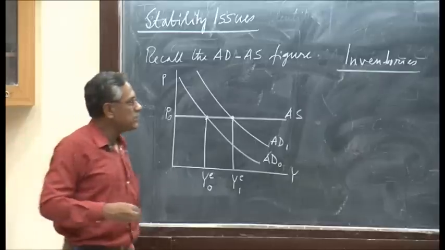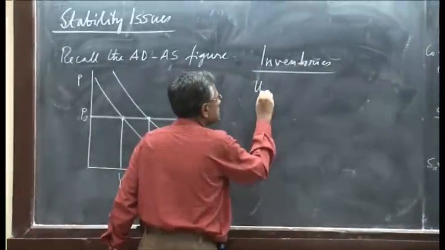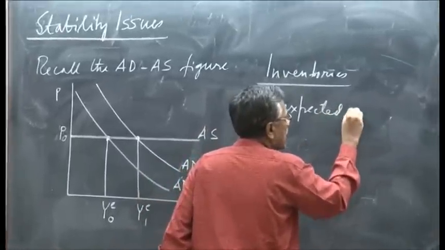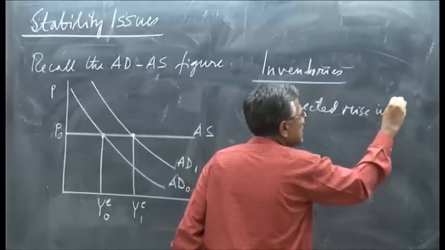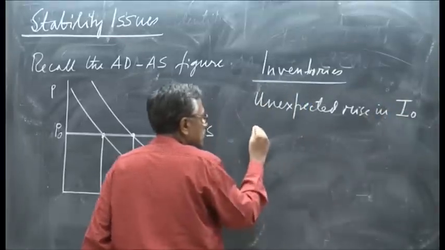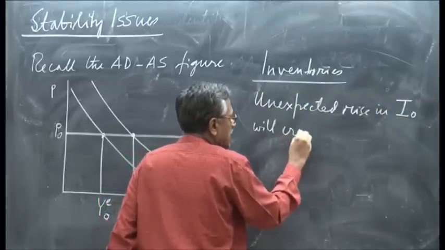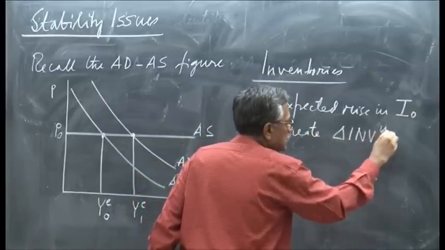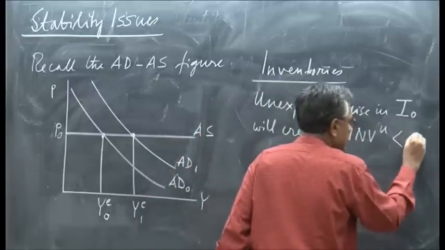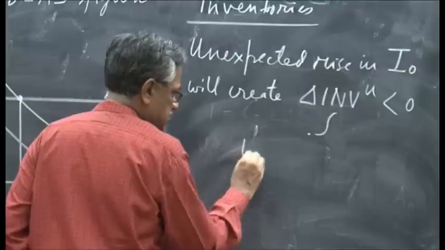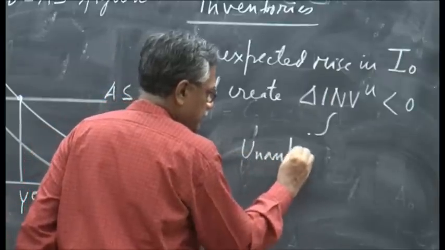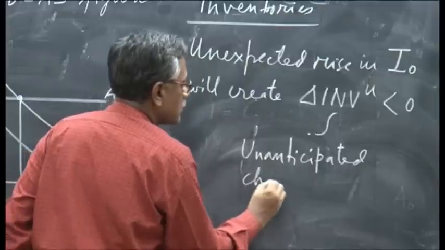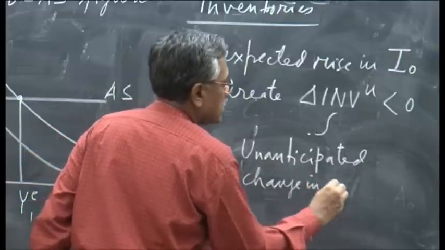So there will be some unexpected change, or unexpected rise in, say, autonomous investment, which will create delta INVU, negative, where delta INVU is the unanticipated change in inventories.